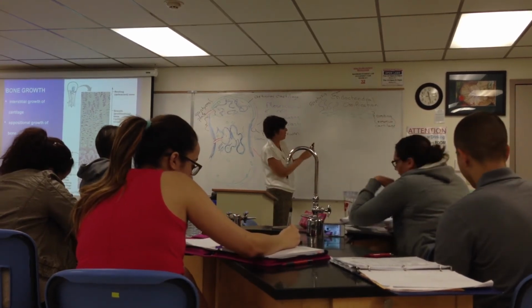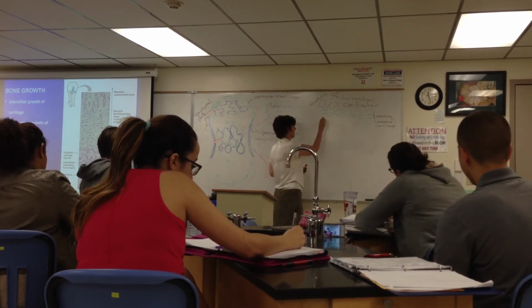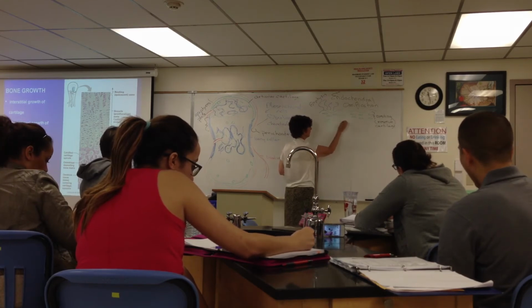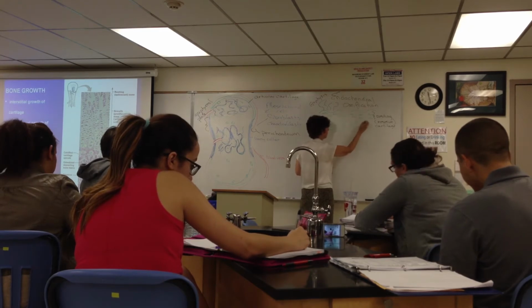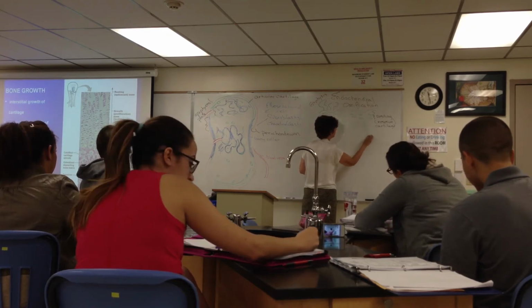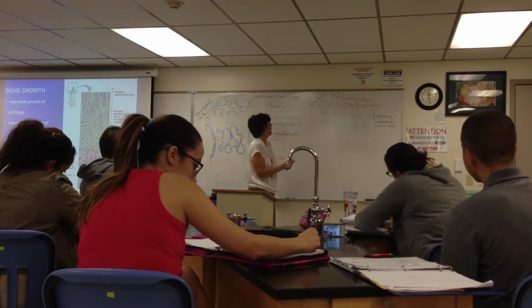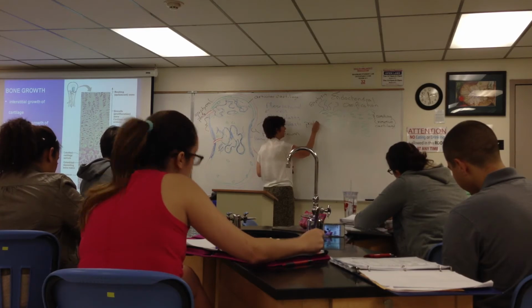And then at the lower edge of that, the cartilage cells would undergo mitosis. And they do so rapidly that there's very little matrix production. So this now becomes the zone of proliferating cartilage, or zone of proliferation.